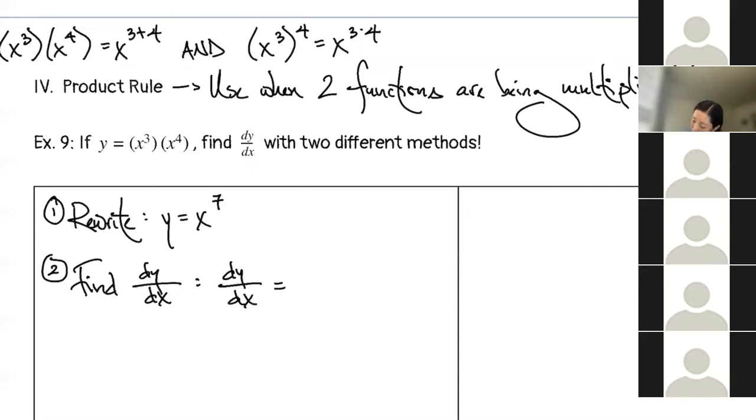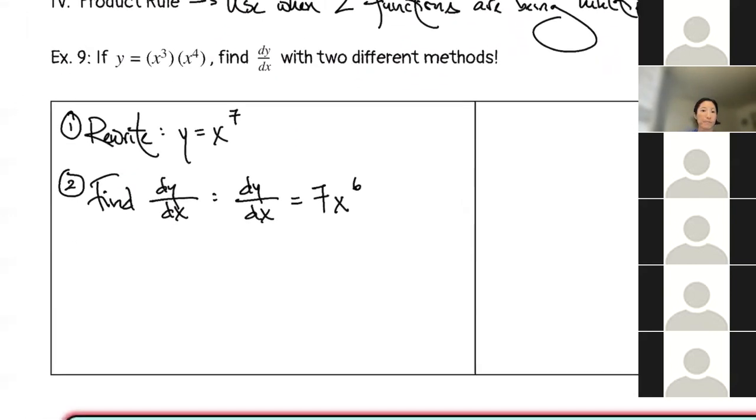Seven. All right, so bring that power down. x to the 7 minus 1, which is 6. Good, good, good. We don't have to simplify here. So there's our answer.